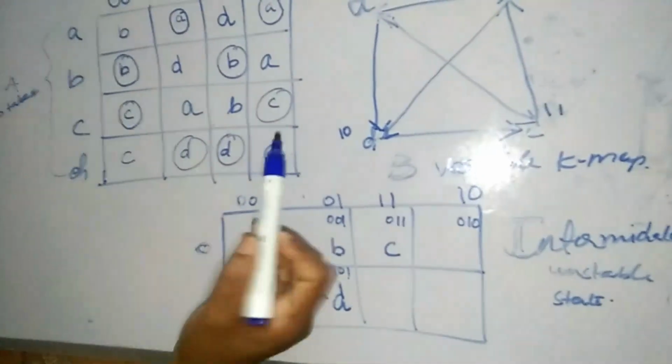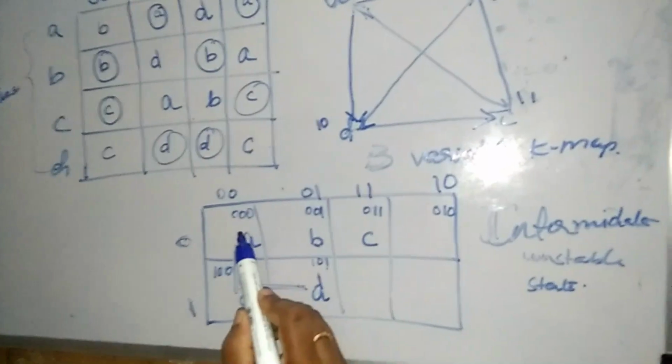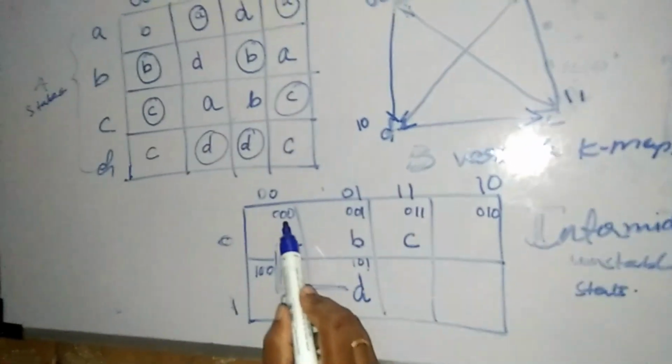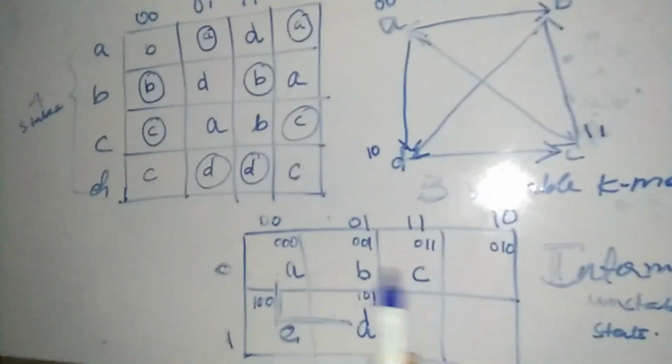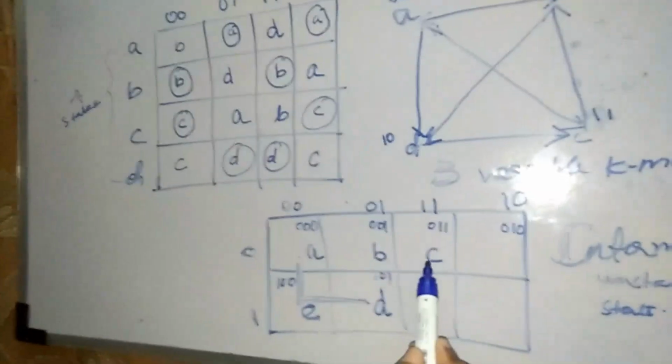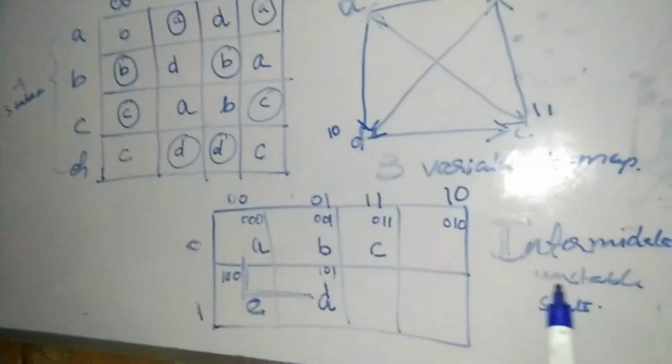Now come to C to C. No problem. C to A. Now A is 0, 0, 0 and C is 0, 1, 1. You can see here there is a difference in 2 positions, right? So there is a race condition prevailing. To avoid this race condition, I'll have to add an intermediate unstable state to eliminate this race, right?